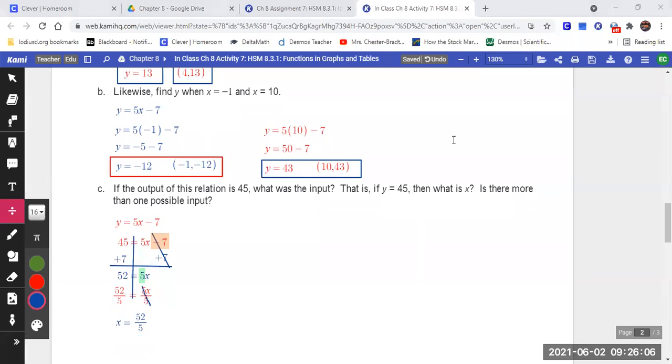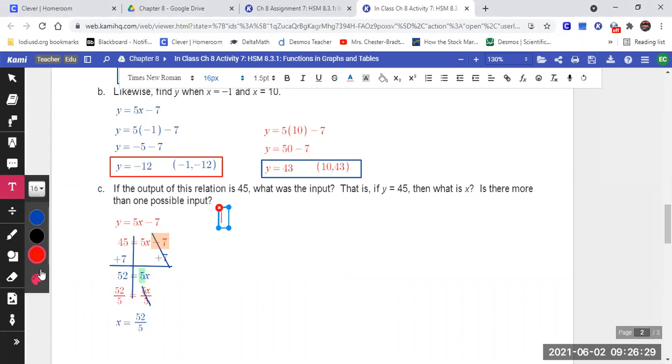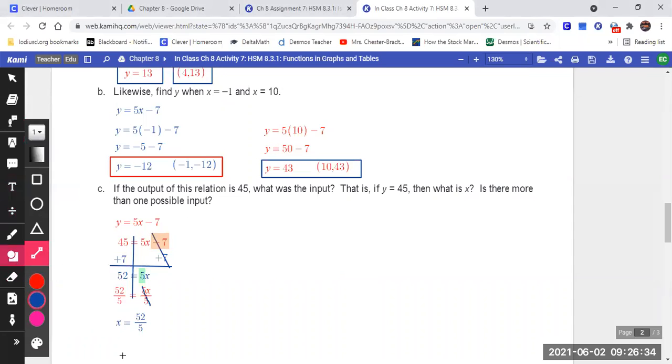And it says, is there more than one possible way to get an input for 45? Could we have had another x? Was another x a possibility in any way? If we had solved this differently, would we have come up with a different x? Following the rules? No, we won't. So, is there more than one possible input for this output?